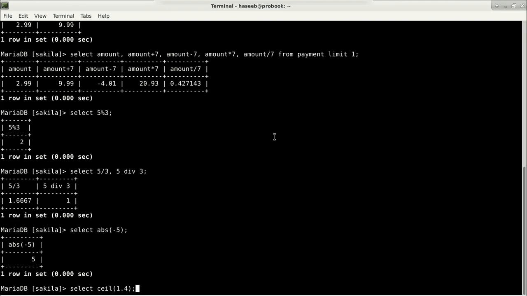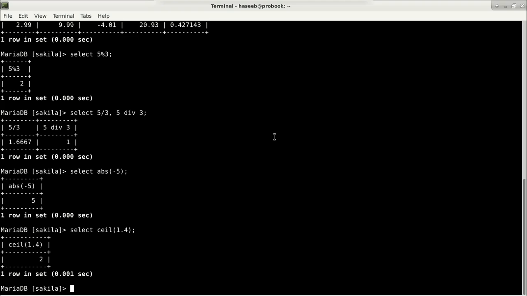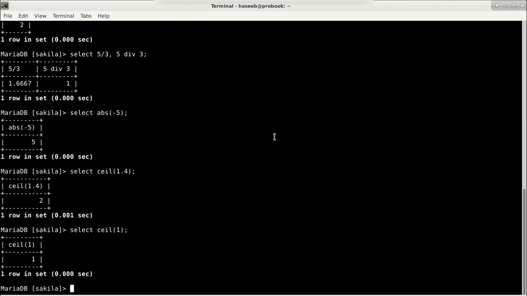So the answer should be 2 because the next highest integer nearest to 1.4 is 2. So whenever you write the ceil function and if the number has a decimal value, you will get the next highest integer. And if we discard the decimal part, then ceil will return the same value.